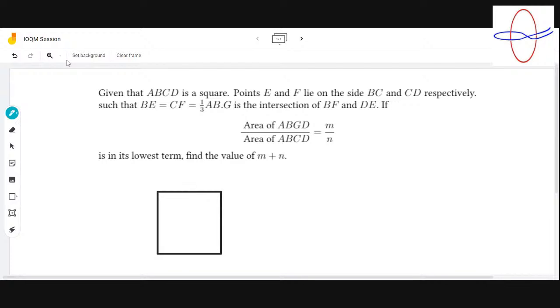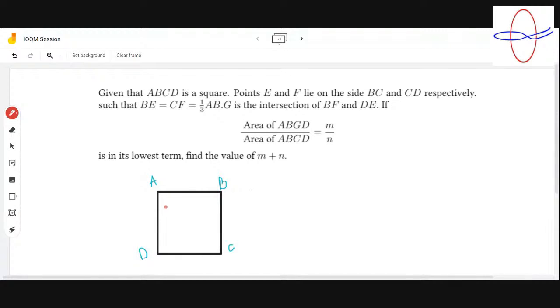I hope all of you can see the picture over here. I need to make it a little more prominent. So this is the diagram: A, B, C, D, and E and F are respectively such that BE is equal to CF is equal to one third of AB.